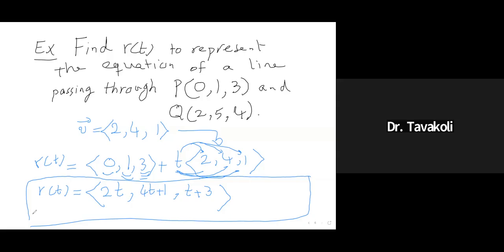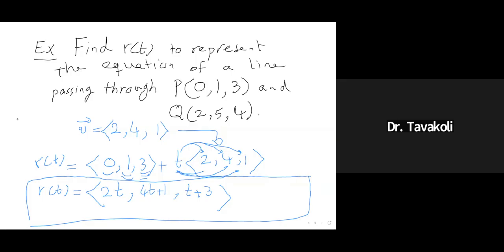If you might remember, when we talked about a vector equation of a line, like this example before, we stopped here for the vector equation of the line. But as a vector valued function r(t), we go one further step and write it this way, the way that we did at the last line. One important thing that you should consider, since it's a line, it has no restriction for the value of t. t can be any real number.